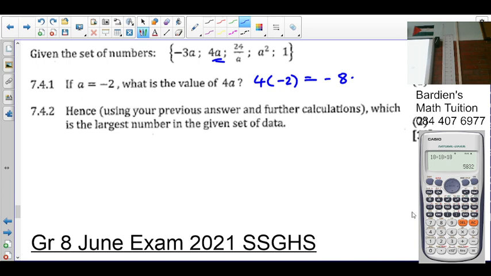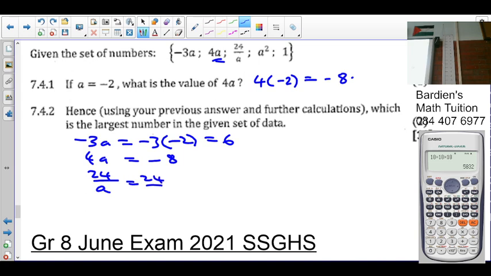Which is the largest number in this set of data? So let's look at the first number. Negative 3a is negative 3 times negative 2, which is 6. 4a, we already worked out, is negative 8. 24 over a, which is 24 over negative 2, which is negative 12.